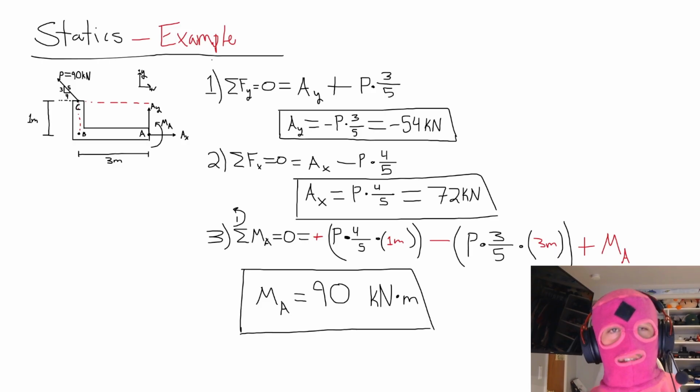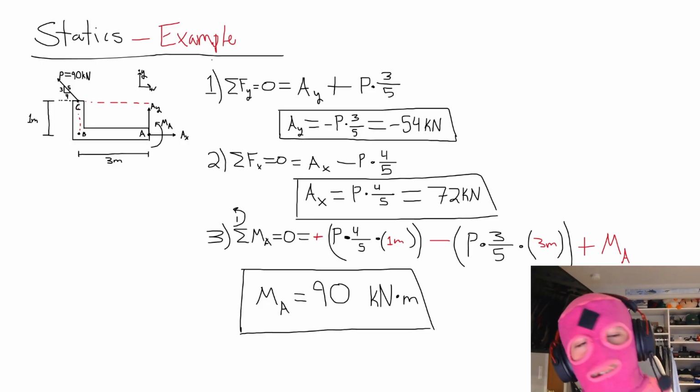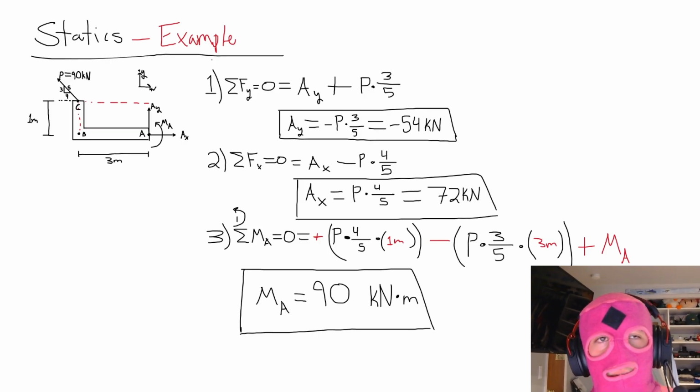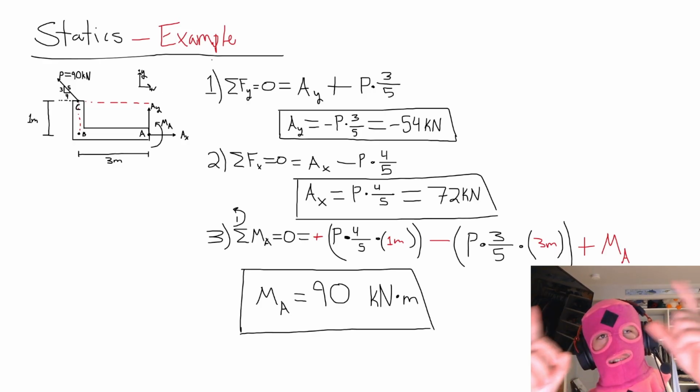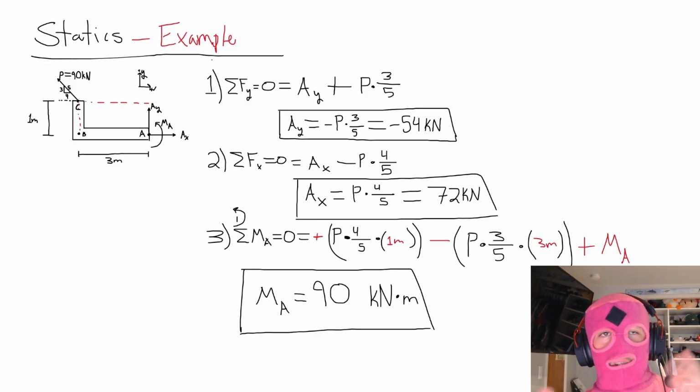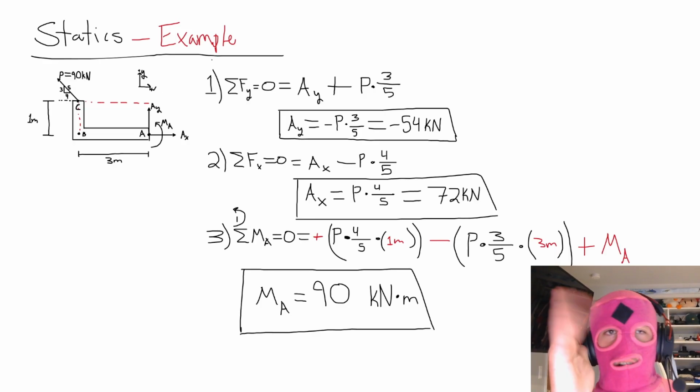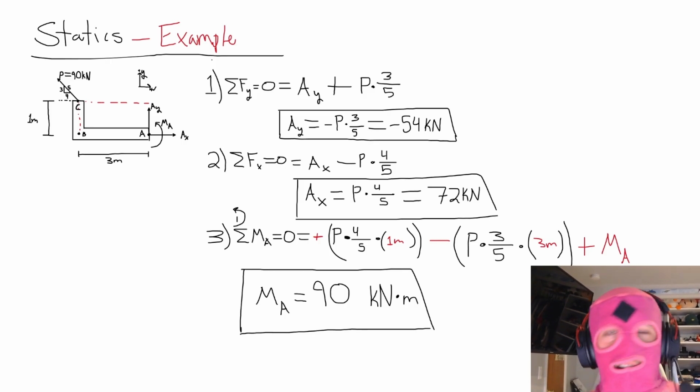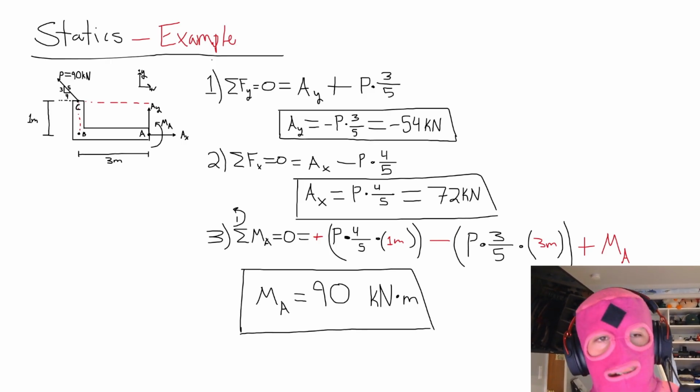And then 3 meters if we drag it straight down. Makes it easier to see. When you bring it down there, it spins the bar in a clockwise direction. So it's negative. Or if you use right hand rule, it goes in the opposite direction, negative. And then you add your moment reaction at A. Solve that, you get 90 kilonewton meters.